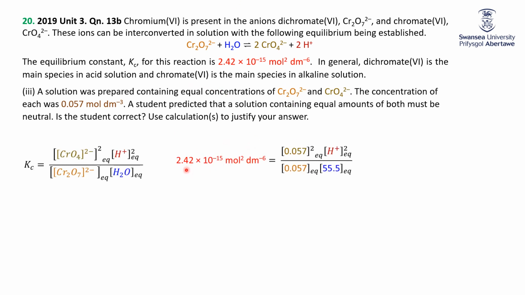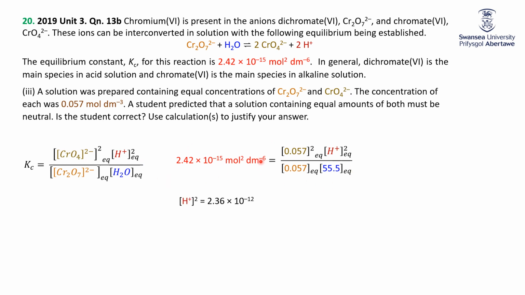We know the value of Kc, 2.42 times 10 to the minus 15. We know the concentration of chromate, it is 0.057. We know the concentration of dichromate, it is 0.057. And we know the concentration of water, because we've just figured it out, 55.5. So the only thing here we don't know in such a solution with equal concentrations is the H+.